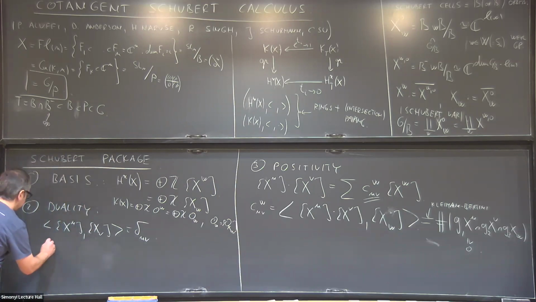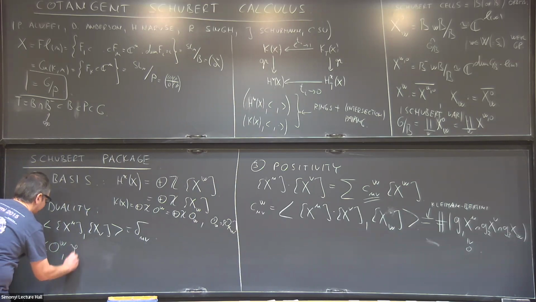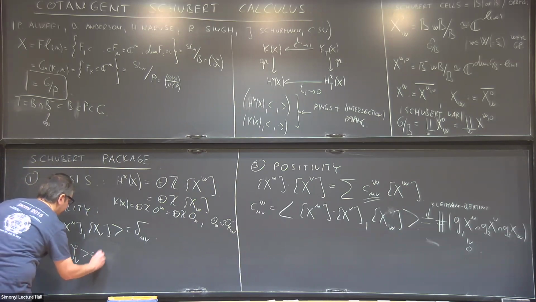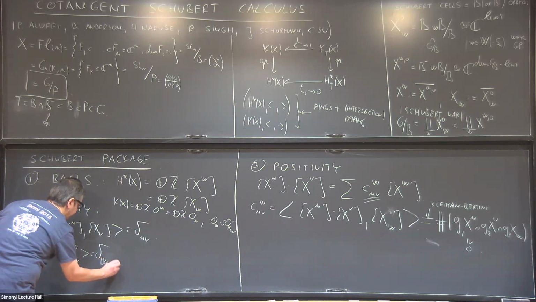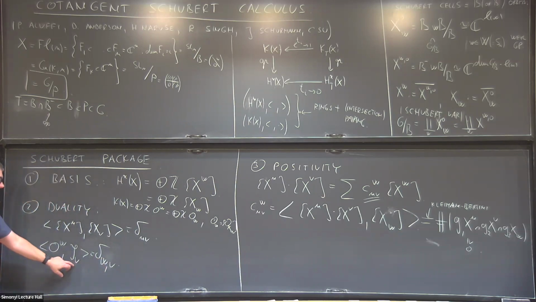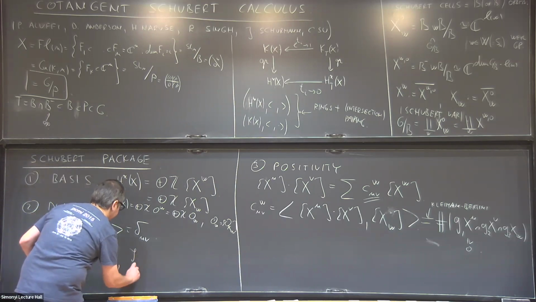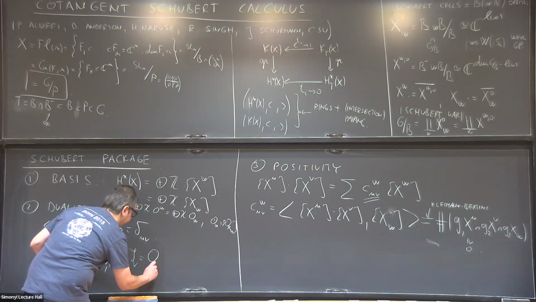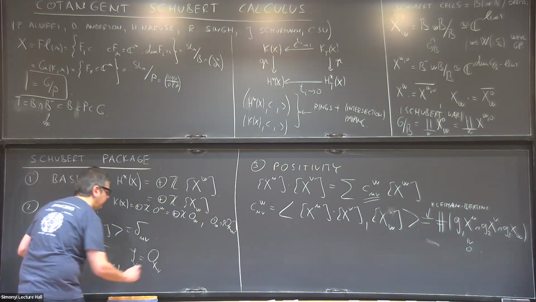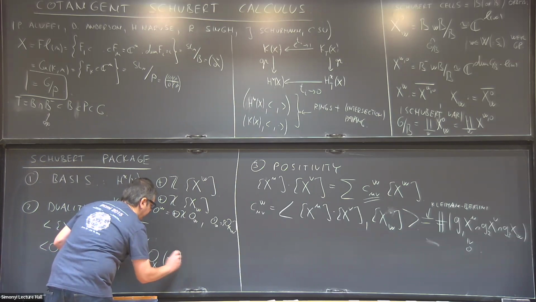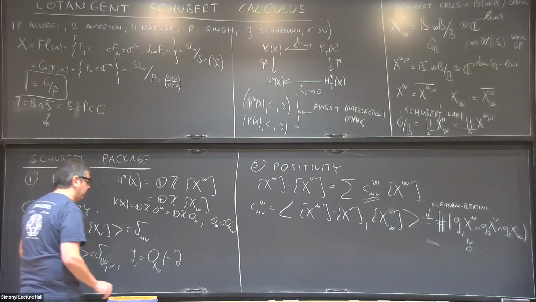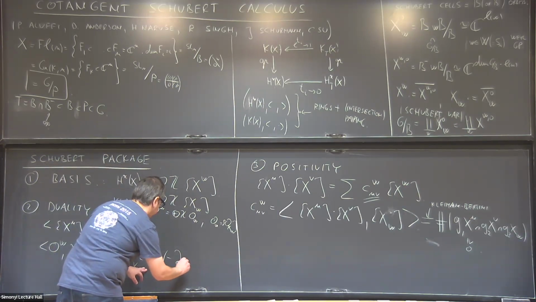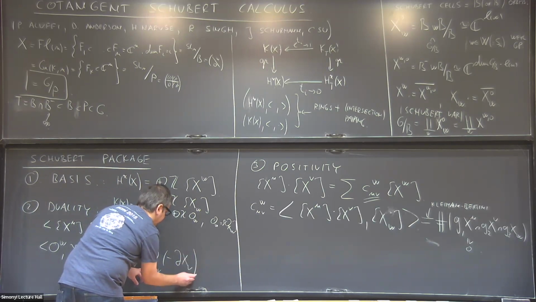What is the duality in K-theory? You have something like this. The dual of a Schubert class is something called an ideal sheaf. This ideal sheaf is given by taking the structure sheaf of the Schubert variety X_v, but inside it you have a Weil divisor, which is given by the boundary of that.